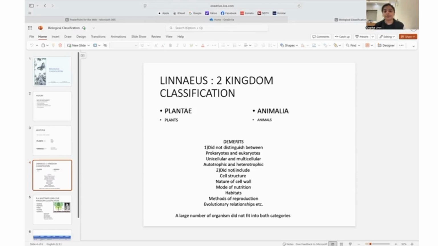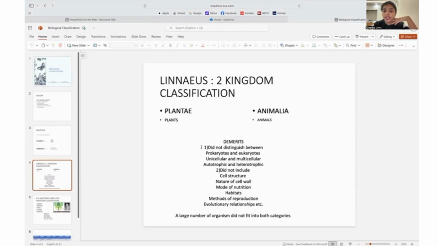Then what he did not include in the classification is cell structure. This may be going a bit far, but I'll help you understand. Under plants, he has also considered fungi, like mushrooms. Now, the cell structure in a fungus and in a plant is different.